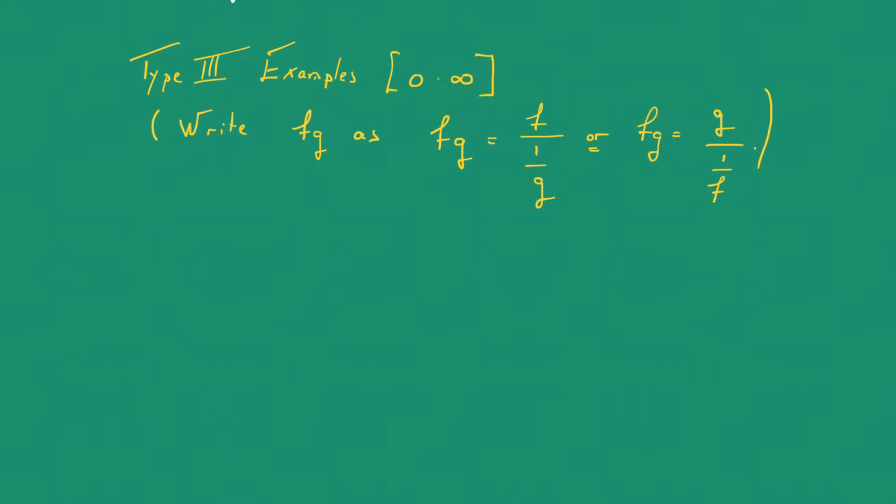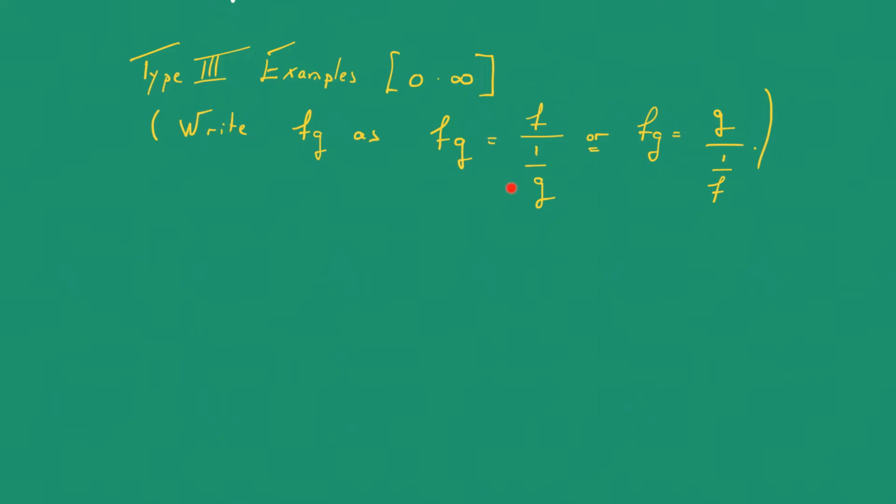All right, so what's the tip? Well, when we have a limit of type 0 times infinity, we're going to be taking the limit of a product of two functions, f and g, with one term tending to 0 and the other term tending to infinity. And the trick is to write the product f times g either as f divided by 1 over g or as g divided by 1 over f.